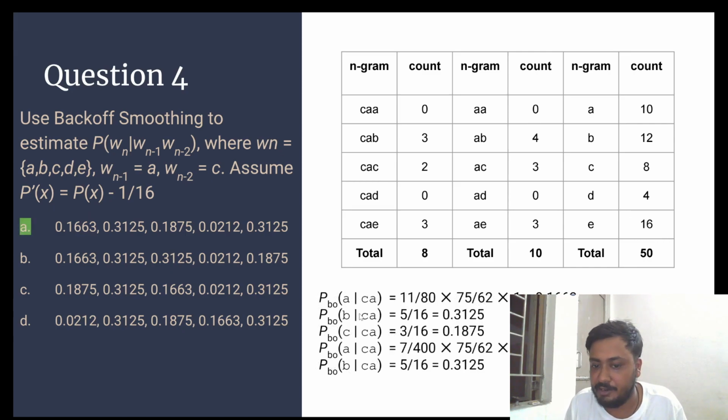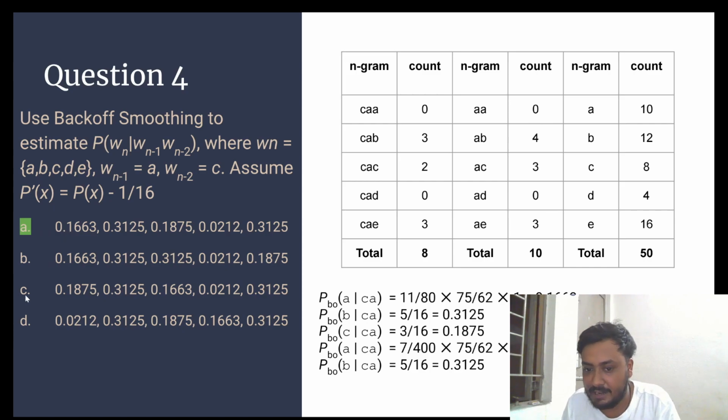And that is what we are doing over here. So A given CA is 11 by 80 into lambda A into lambda CA. That is coming to this. Similarly, this one 7 by 400 into lambda A into lambda CA. The rest were already calculated, right? So that is why the answer comes to A.